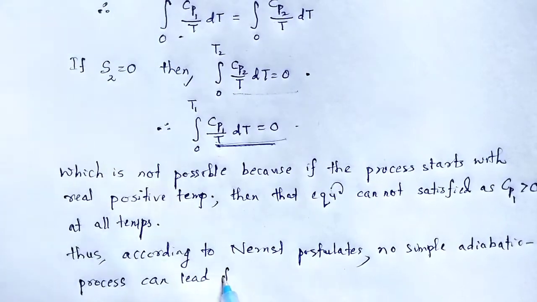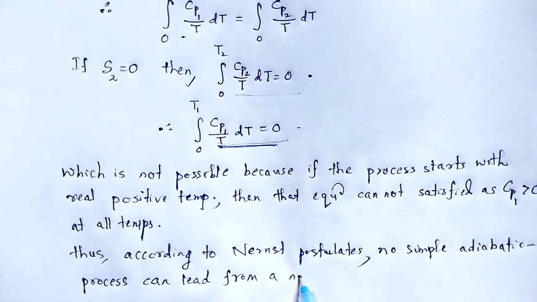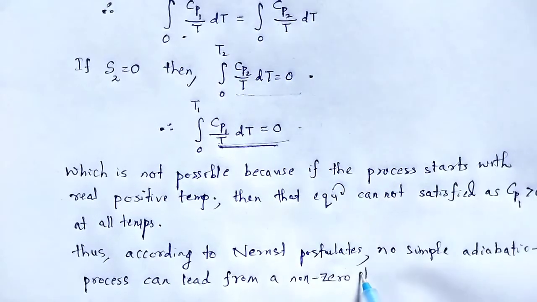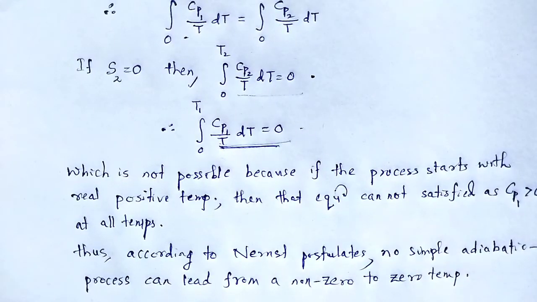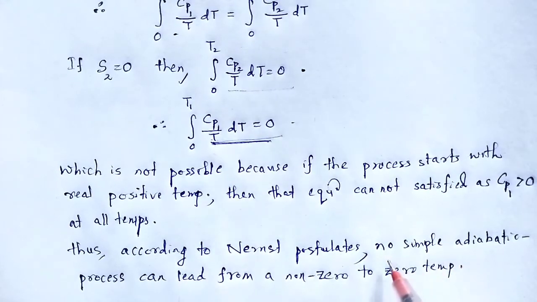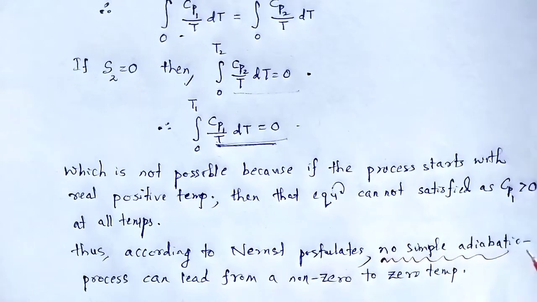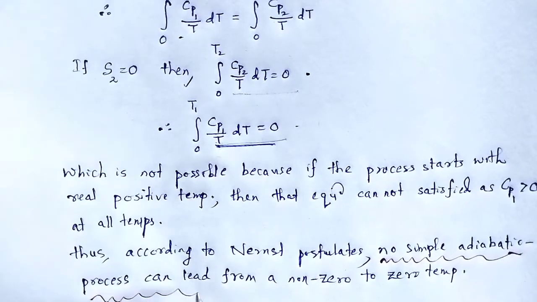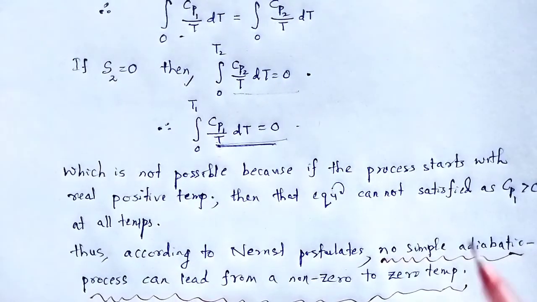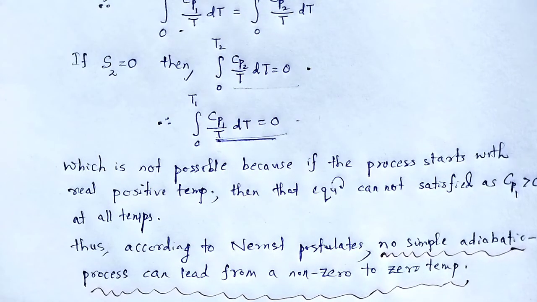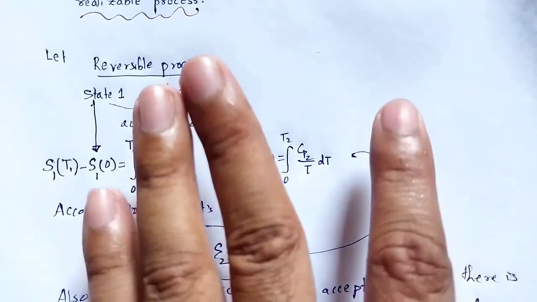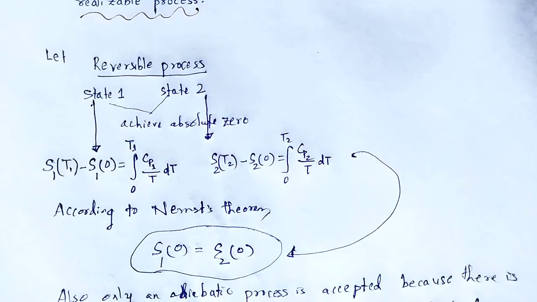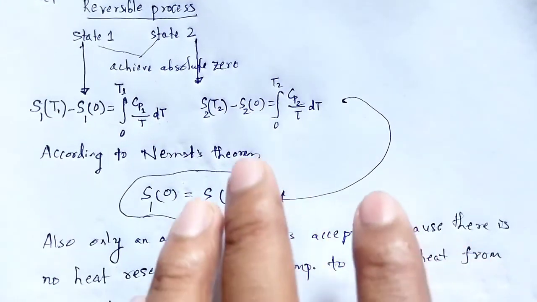We can't achieve that physical form in the case of an adiabatic process. This is for a reversible process. Here we consider the two states of a reversible process and take the entropy change and put it in Nernst's theorem by taking the adiabatic process.